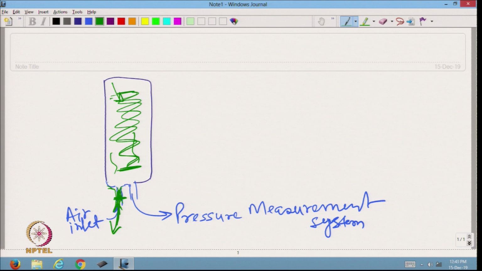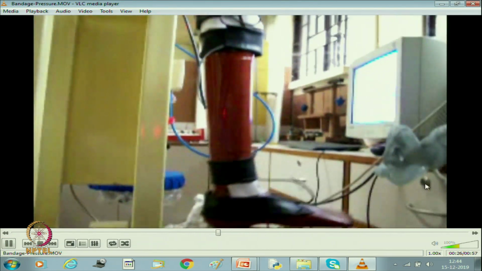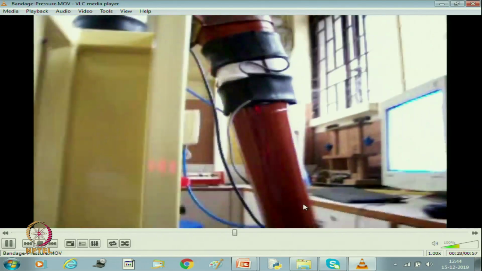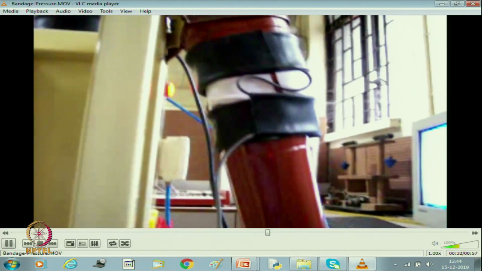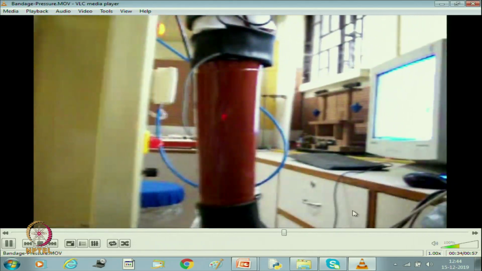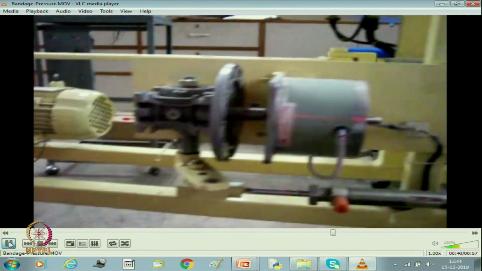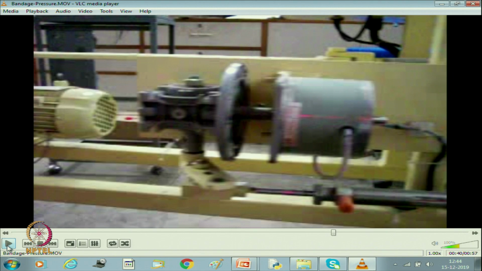Here we can see this video once again. There are two reciprocating movements. This movement is for the steps, it shows the movement of the leg, and another movement is here, and this movement is slower.